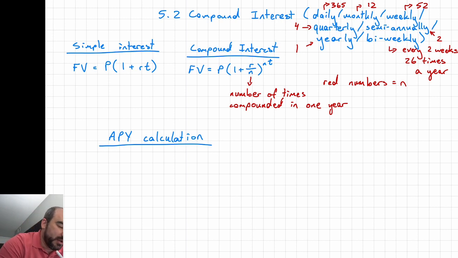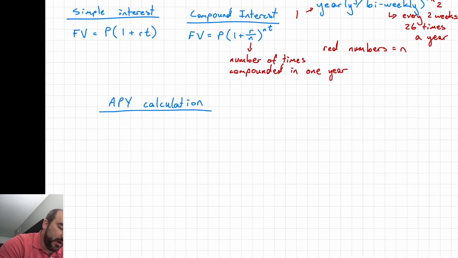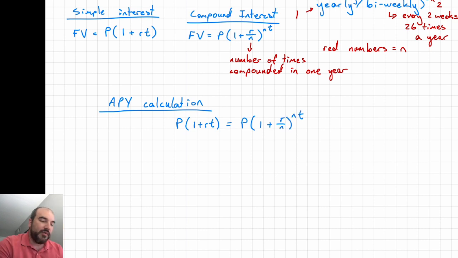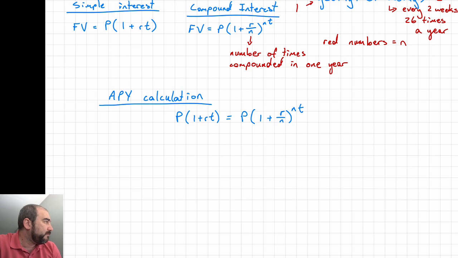So what we're going to do in the APY calculation is we'll start with these two equations and we'll set them equal to each other because they're both future value equations. So we'll start with P times 1 plus RT. Now you're not going to have to do this every time. I'm just showing you where this begins, and then we'll have a simplified version of this in a second that we'll work with, right?